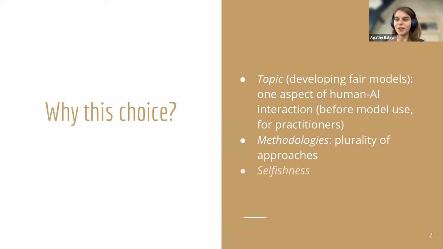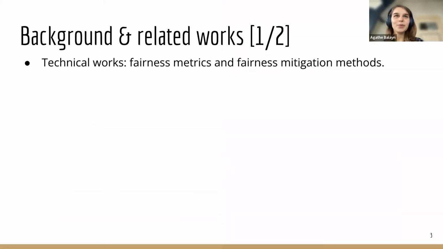Yeah, and the last is out of selfishness because I think it's pretty close to a work that we want to develop around fairness toolkits. So it's good to have these papers in mind to actually identify our own contributions compared to this. But before entering into each paper, I wanted to give some background.